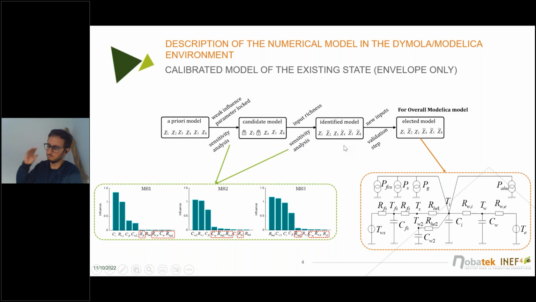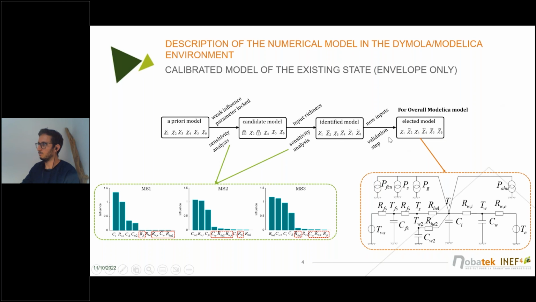So we use a calibration method. There is an optimization process that finds the values of the parameters that minimize the difference between the output of the models and the measurements.